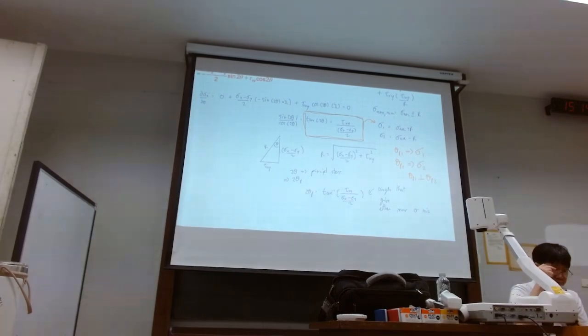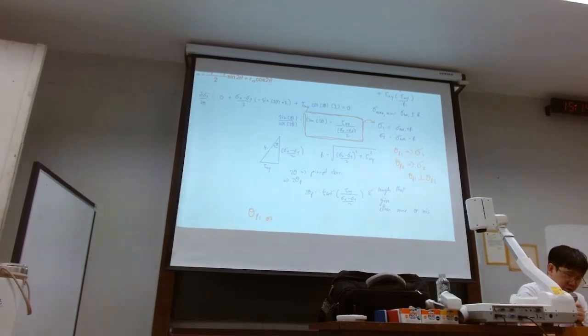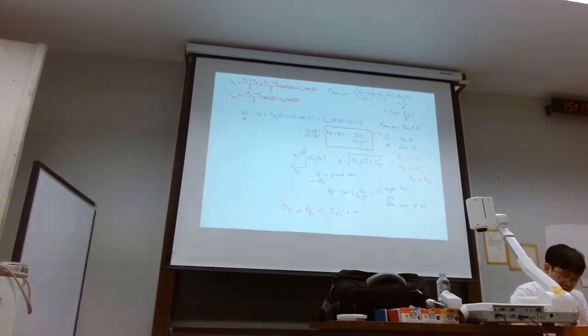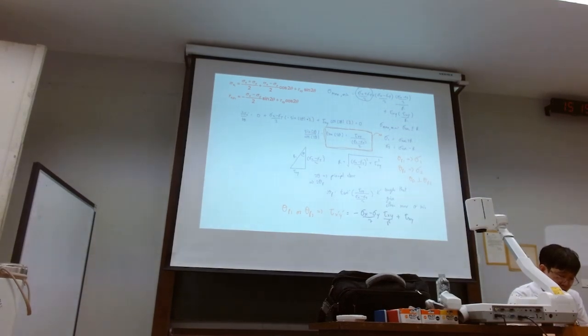Now, what happened here is that we use theta P1 or theta P2. We do the substitution into tau x prime y prime. And it turned out that this is always going to be 0 because sine would be tau xy over R, plus tau xy, cosine would be this.